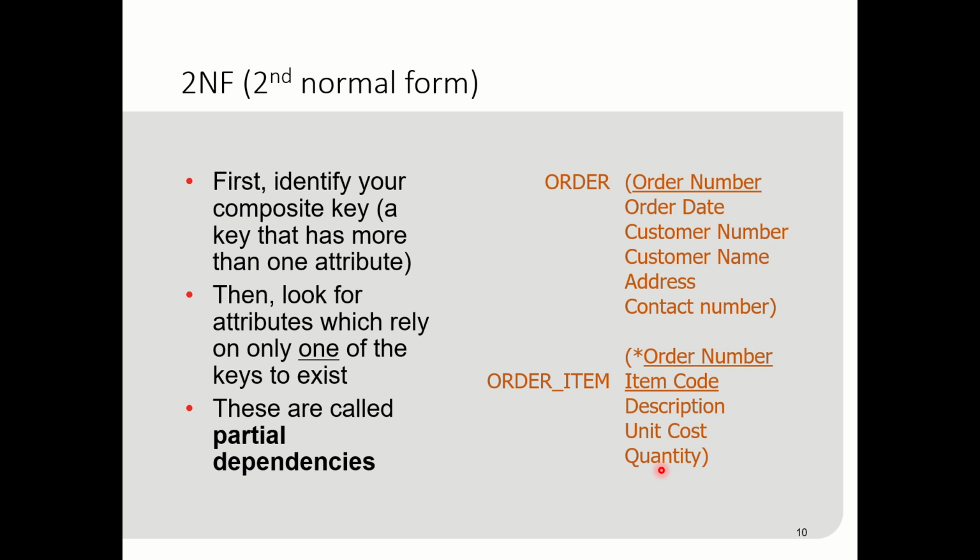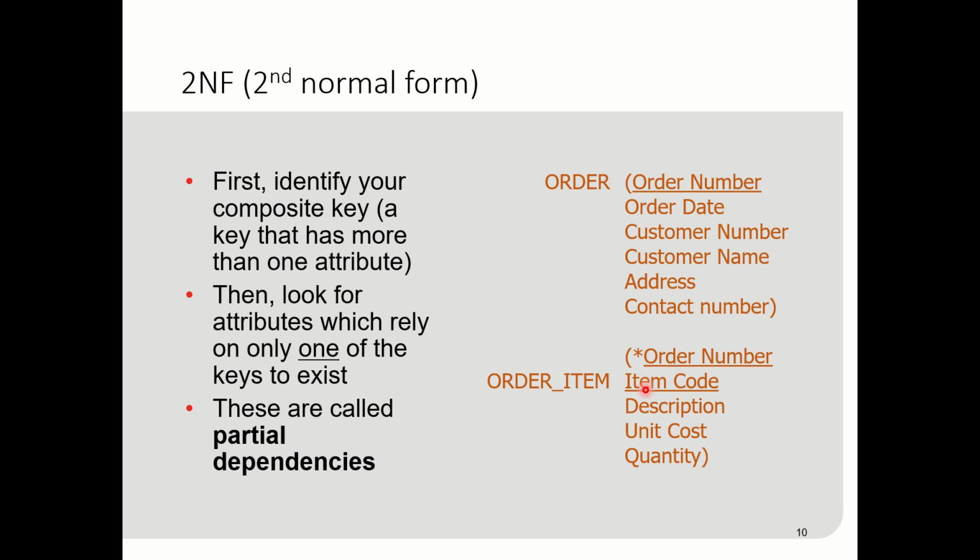But if I say the description, it's a cashew biscuit, that is just the description of that particular biscuit alone, and the unit cost is basically part of this particular item alone. So here you could understand that this description and unit cost is dependent only on the item code in this combination of primary key, right?